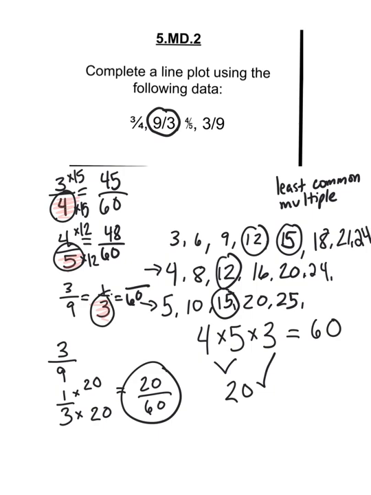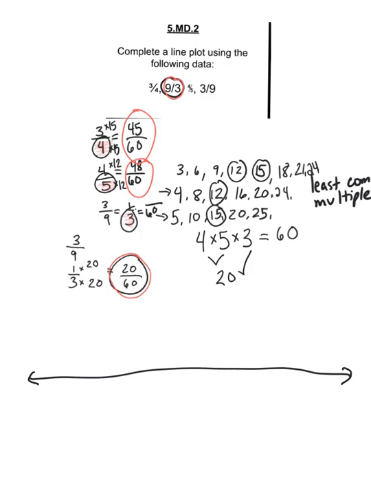This one was a really hard one, guys. I'm going to have to put 45 out of 60, 48 out of 60, 20 out of 60, and 9/3 on my line plot. Now to figure out what to put on my line plot for 9/3, we have to remember that this fraction bar means the same thing as a division symbol.